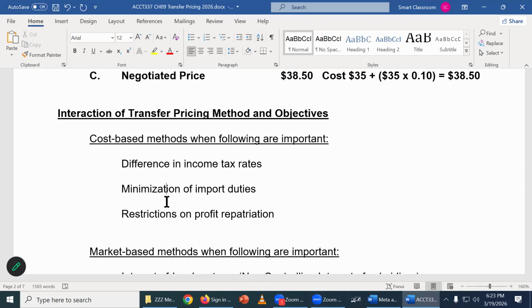And like these tariff wars we have going on, if you're getting hit with a 20% tariff, what do you try to reduce? You can't change the tariff. The only thing you can change is the price. So if you're importing something from a subsidiary, you lower the price, then that lowers your tariffs and duties. Duties are a little bit different. We'll talk about those in a minute.